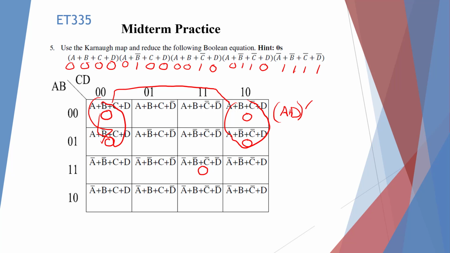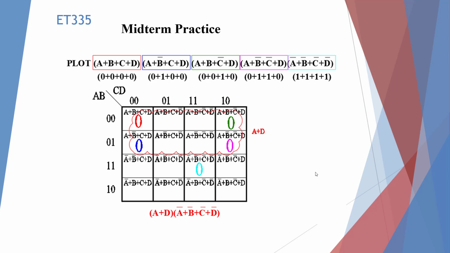And then we're going to multiply it by the remaining in that box. So we have A plus B plus C plus D, bar, bar, bar, bar. Good. There's our beautiful CAD drawing, and it looks like we got the right answer.